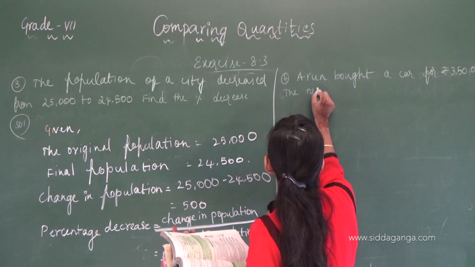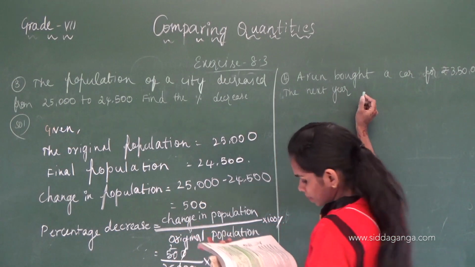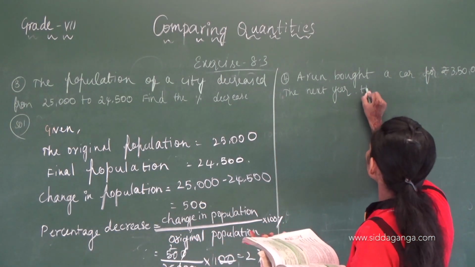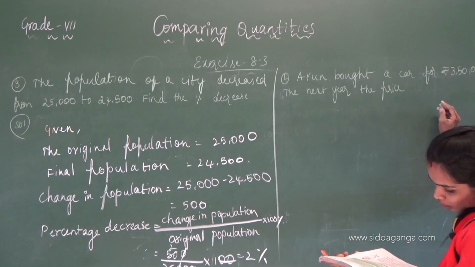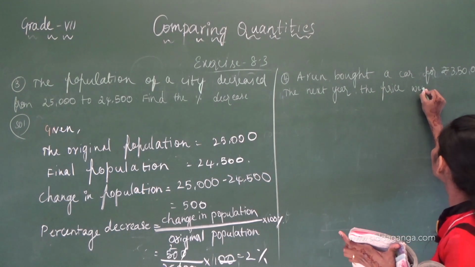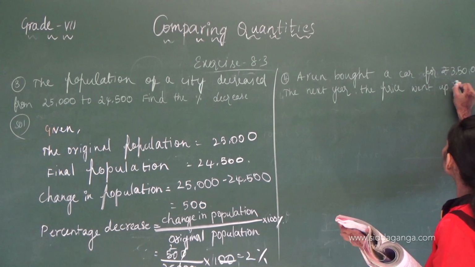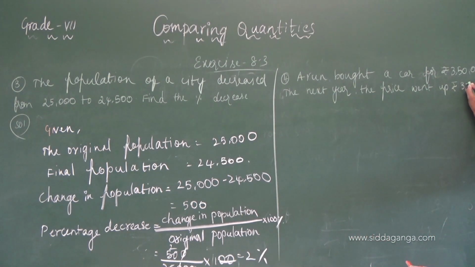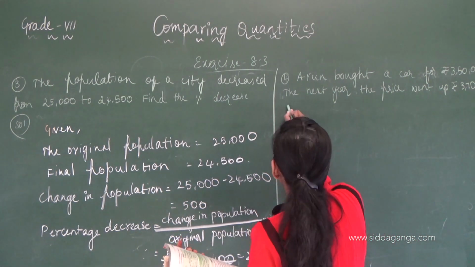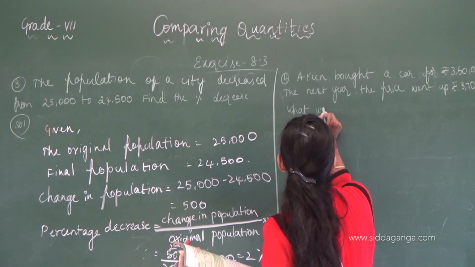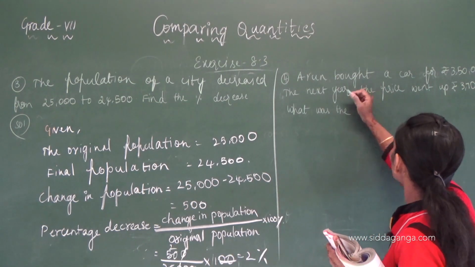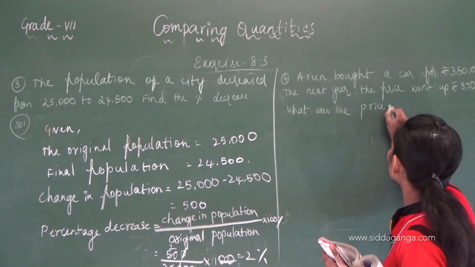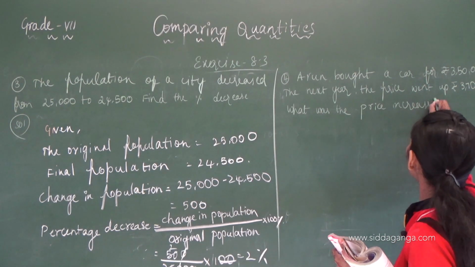The next year the price went up to rupees 3,70,000. What was the price increase?